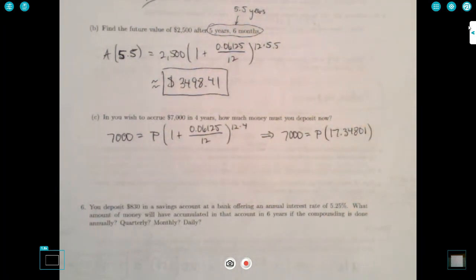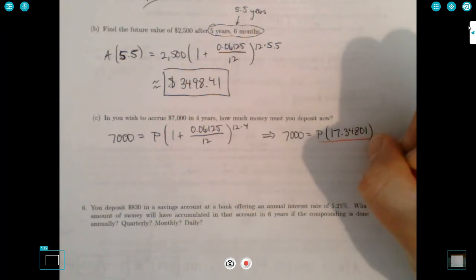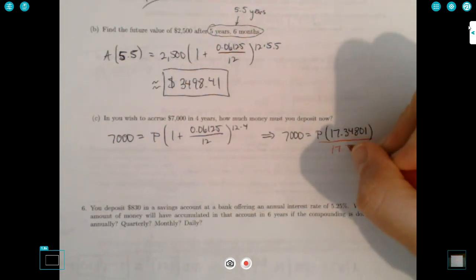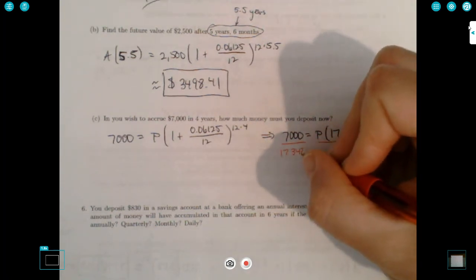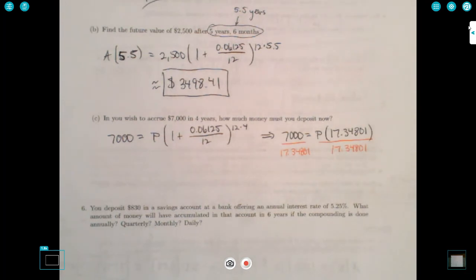But if I want to solve for P now, I need to divide by 17.34801. So 7,000 divided by 17.34801.